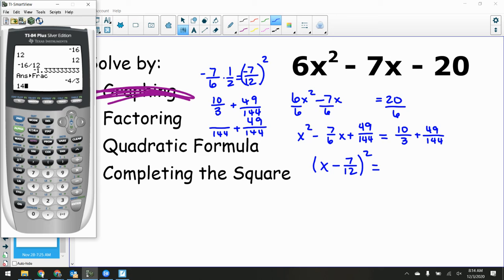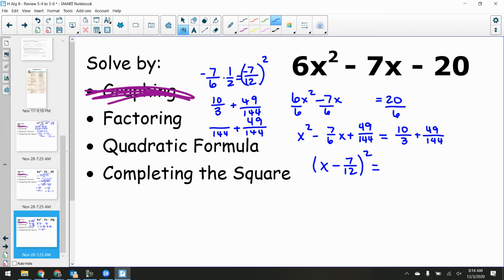Well, 144 divided by 3 is 48. Sweet. It's nice and easy. I took 3 times 48 to get 144. I'll take 10 times 48 to get 480. So what did I do there? I multiplied top and bottom by 48 to get common denominators.